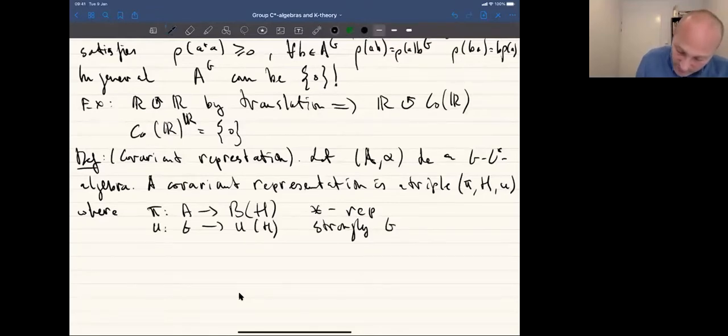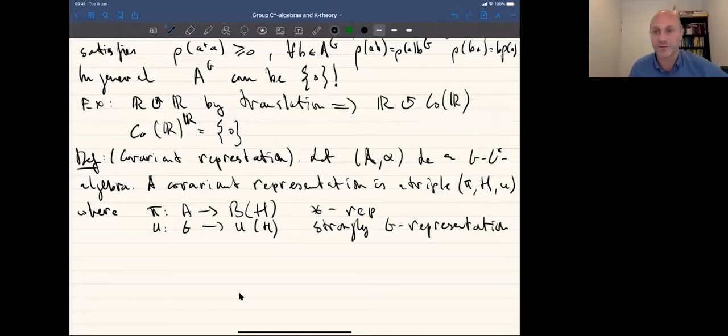So that's very similar to, so Peter gave this definition, I gave a version for C-star algebras. We're using both now.